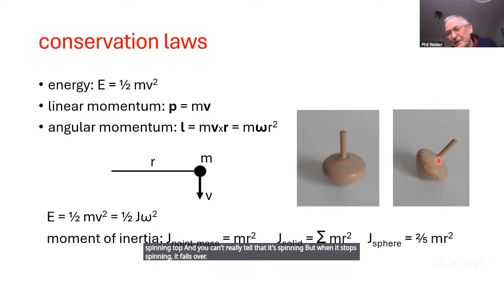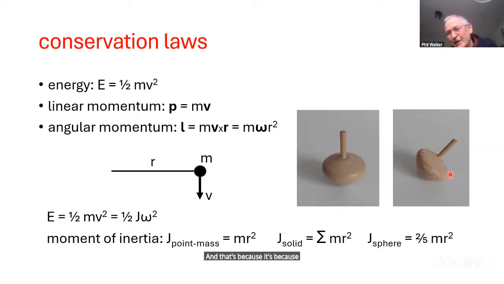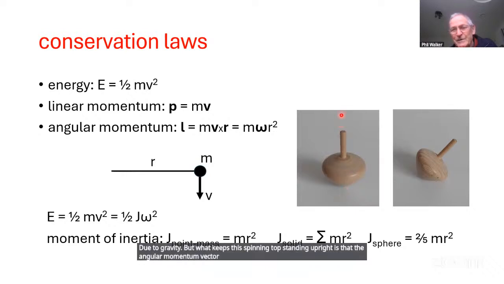And that's because it goes to a lower energy state due to gravity. But what keeps this spinning top standing upright is that the angular momentum vector is pointing upwards, and that's a conserved quantity. Of course, it slows down slowly by friction with the atmosphere and at the point of the spinning.